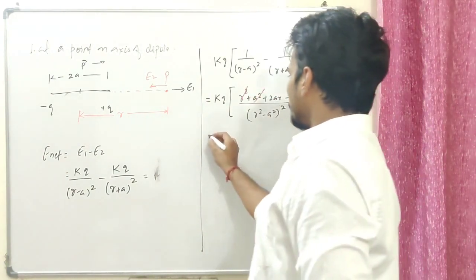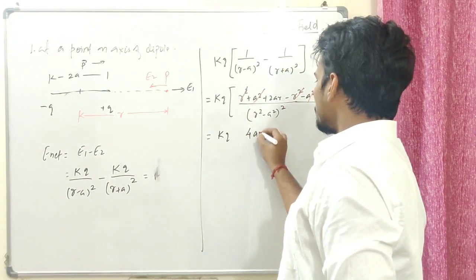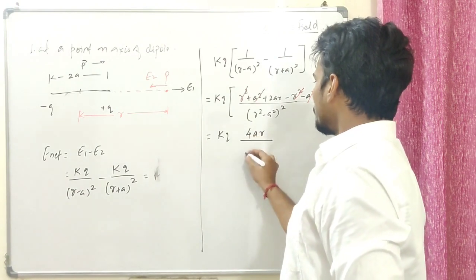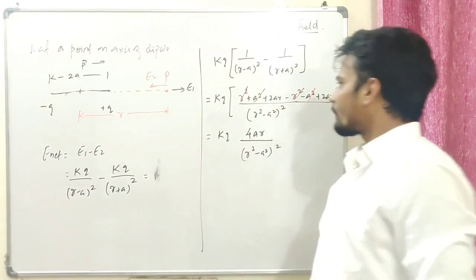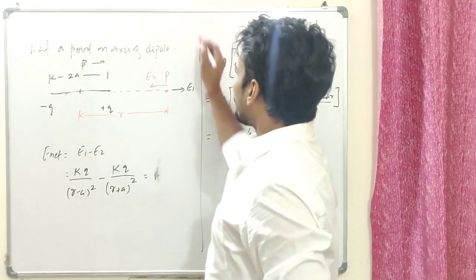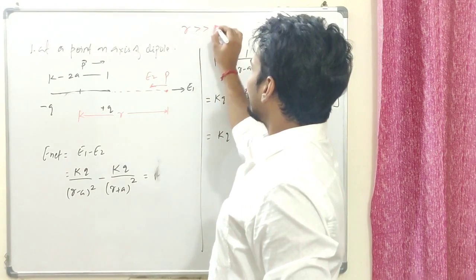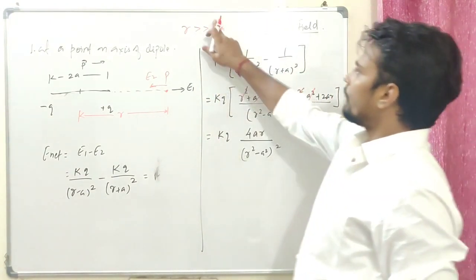So the net electric field should be kQ times 4ar over (r square minus a square) whole square. As we know, in a dipole this distance is really small. So I can say that r is quite greater than 2 times a, or you can say r is greater than a.